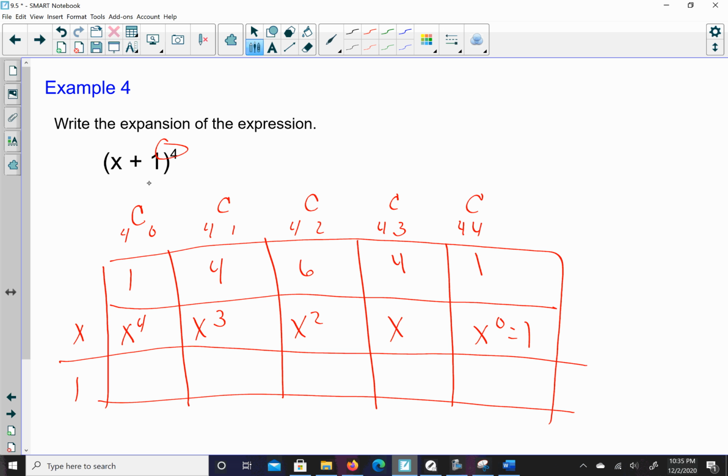The 1 just goes the opposite way. So these exponents went down. The 1 exponents will go up. So this will be 1 to the 0, 1 to the 1st, 1 to the 2nd, 1 to the 3rd, 1 to the 4th. Remember that these powers always have to equal this exponent.